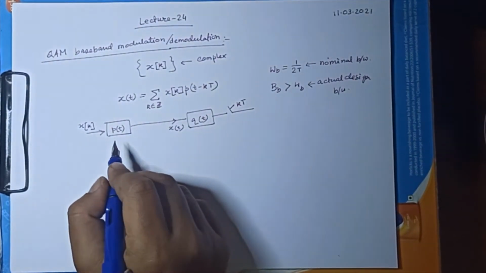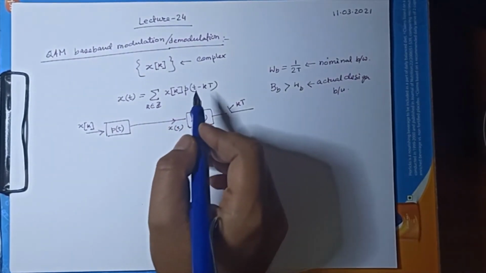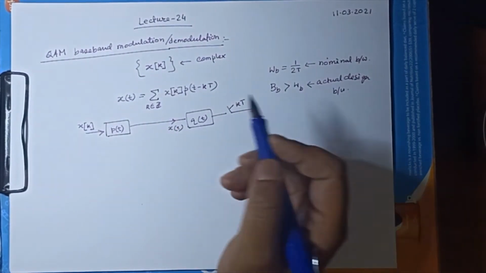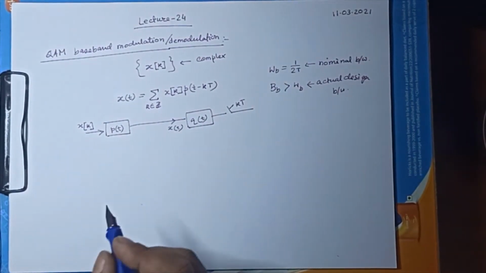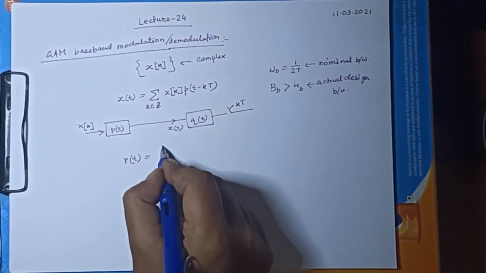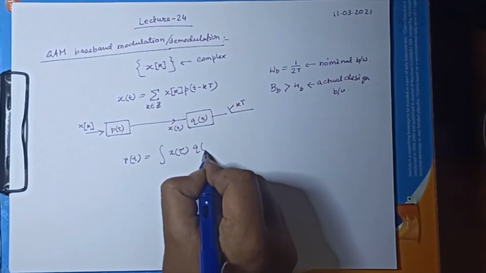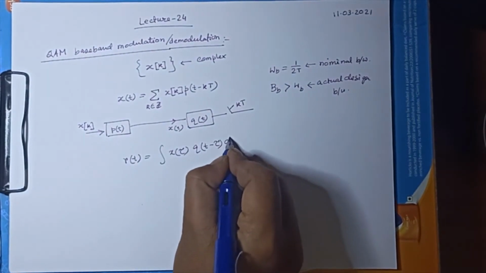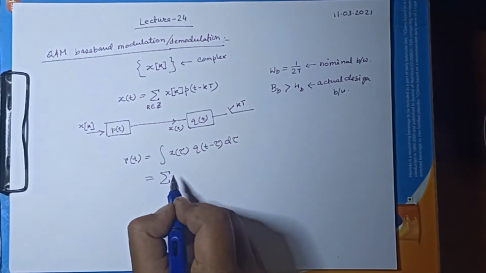So the analysis is the same, but the only change is that your p(t) in general can be complex and your x_k is complex, but that does not matter, because when you are finally getting r(t), that r(t) is basically the integral of x(tau) q(t minus tau) d tau, which I can write as summation x_k g(t minus kT).